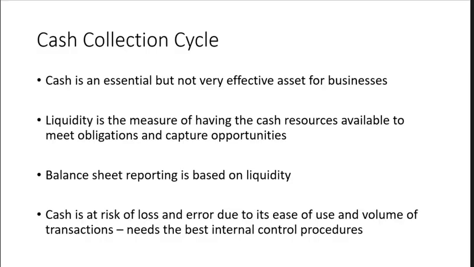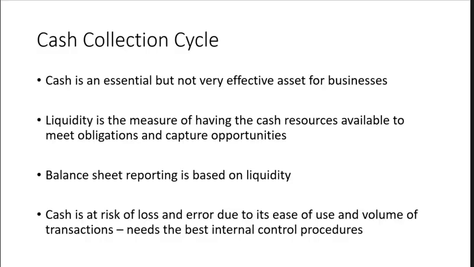Now, cash has its other downsides. There's a risk of loss. If someone is going to steal from your business, the most likely asset that they will want to steal is cash because of its ease of spending. It is also prone to error just because there are a lot of transactions, and they tend to be with lots of different people, all of which means that there's a lot of room for error.